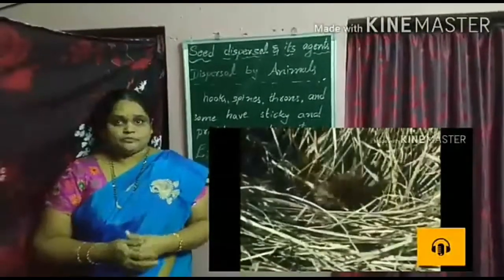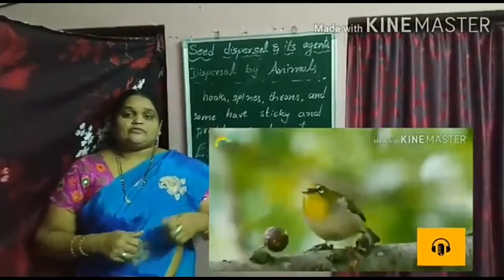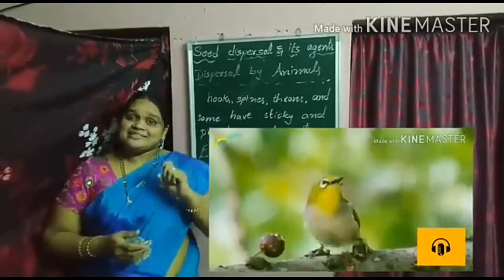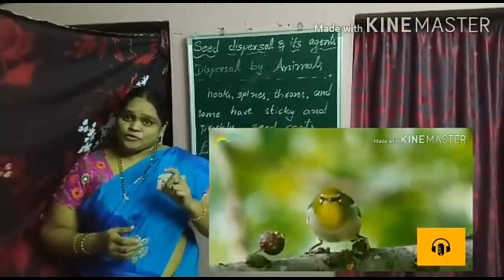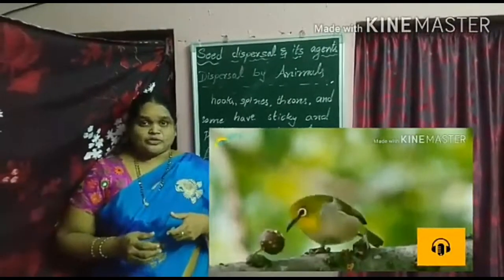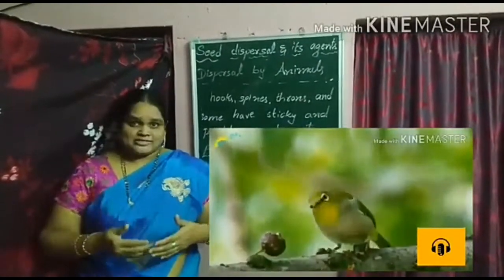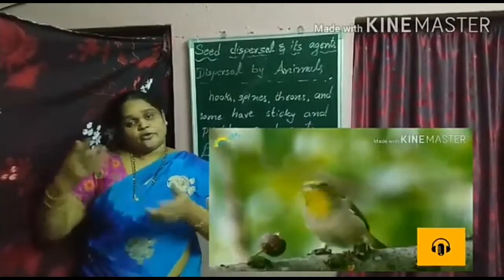Not only this, some of the birds and animals eat fruits along with the seeds. They are eating that fruit along with the seeds in one place and they are going somewhere.